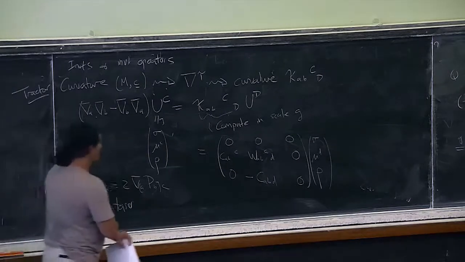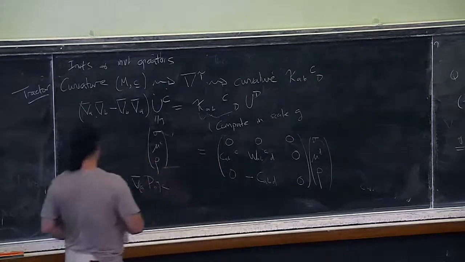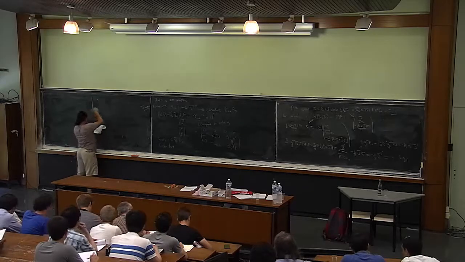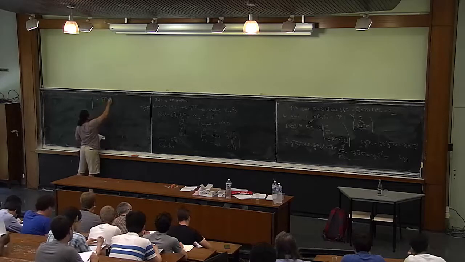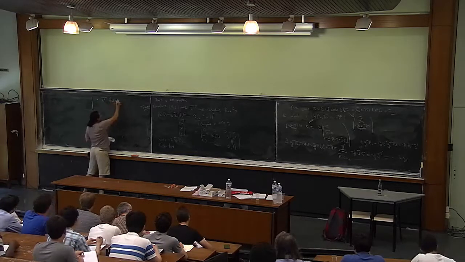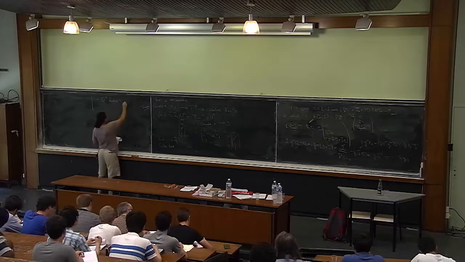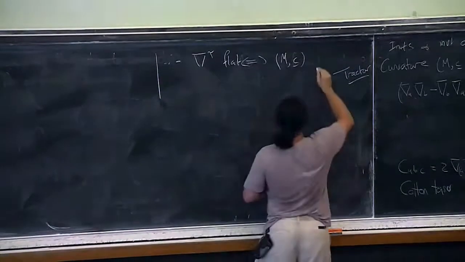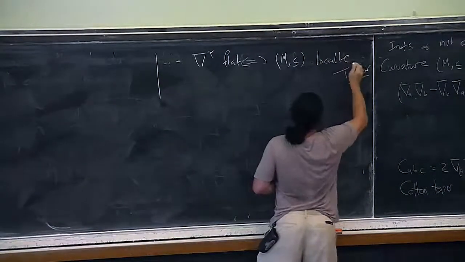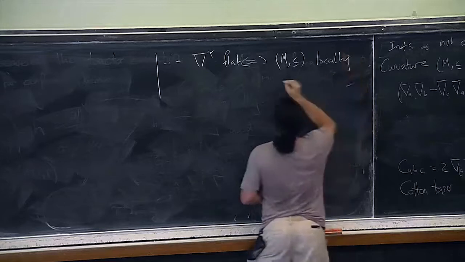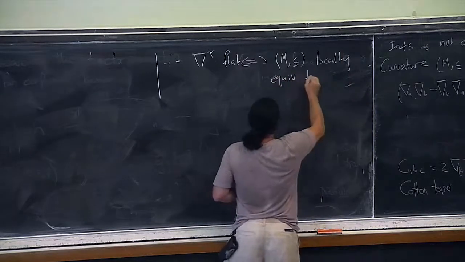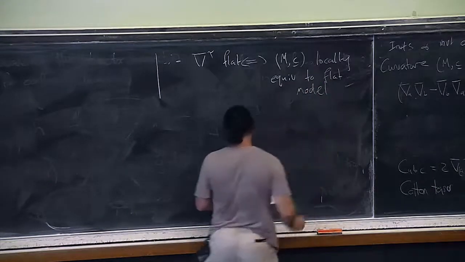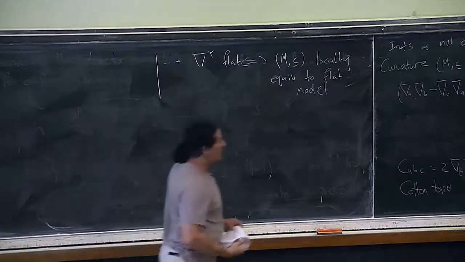Okay, so what you see straight away, using classical results, is that the tractor connection being flat is equivalent to the conformal structure being conformally flat, in other words, locally equivalent to the flat model. Well, there's two ways we can see that.